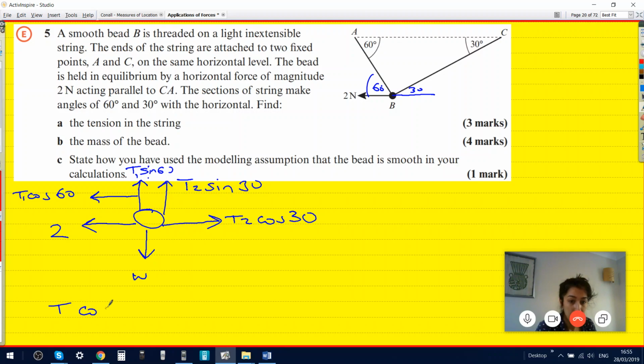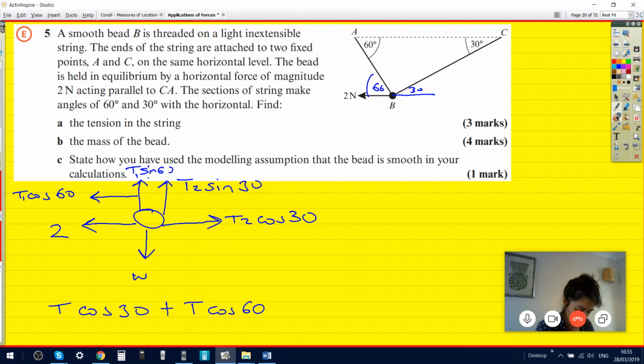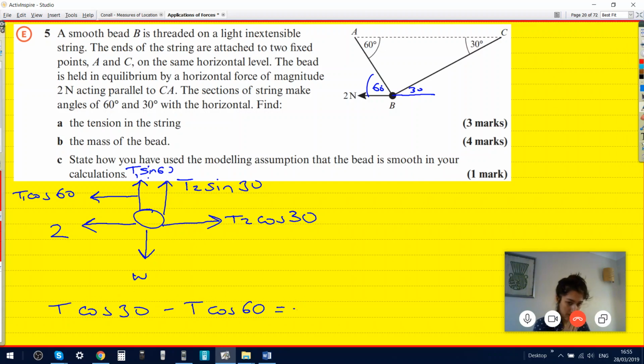I got T cos 30 minus T cos 60 equals 2. Cos 30 and cos 60 are just numbers.